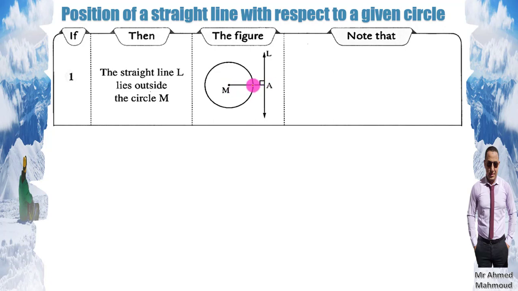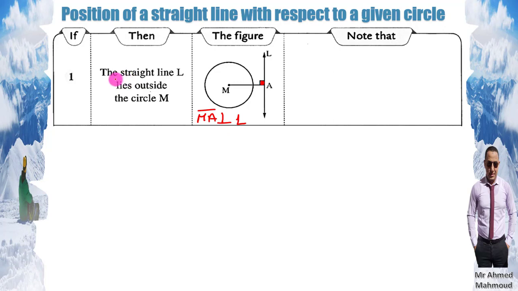Let MA be perpendicular to the straight line L. We say MA is perpendicular to L because to evaluate the distance between a point and a straight line, this distance must be the perpendicular distance.